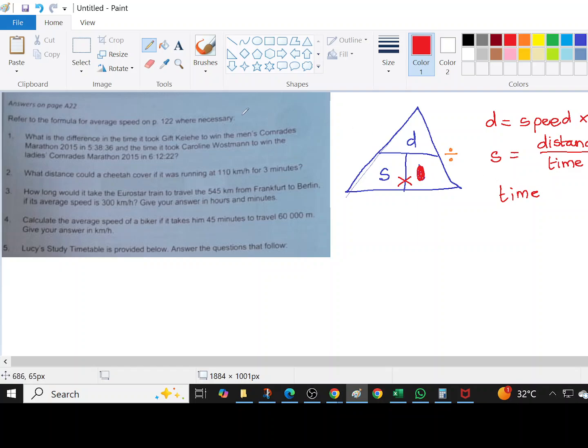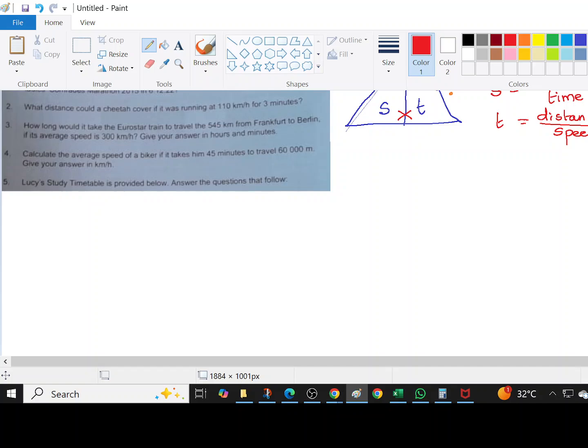Distance over speed. That's it. Okay, so it is time is equal to distance over speed. Can you see how easy that is to find the formulas? Yes, miss. Okay, once you know that, you don't have a problem.